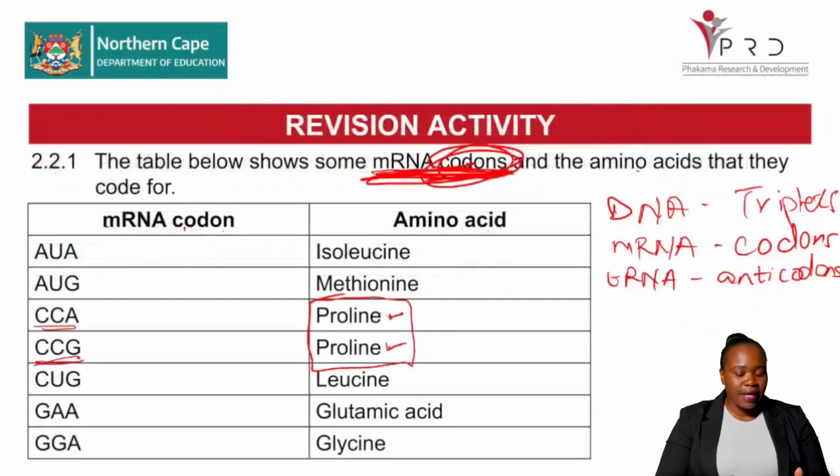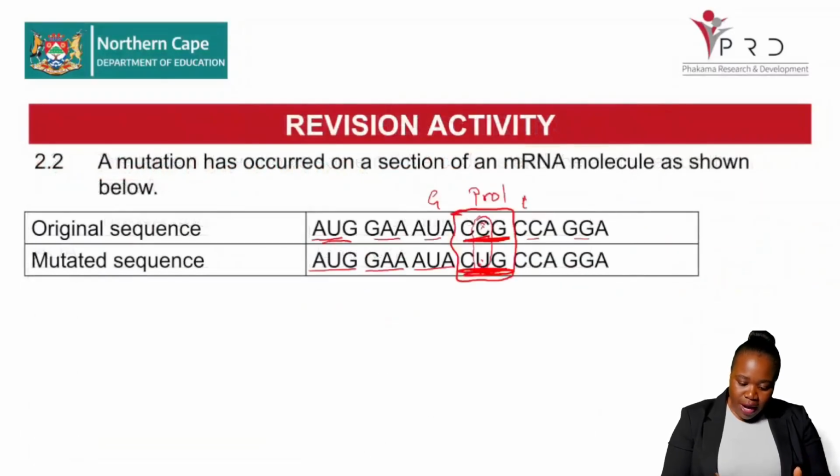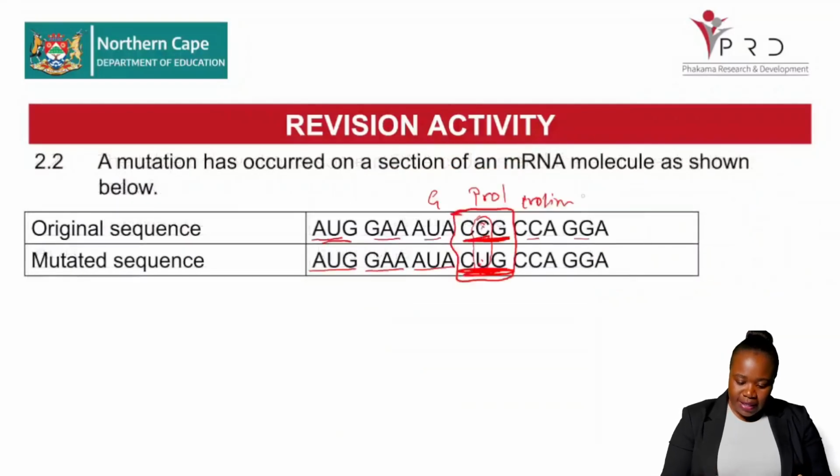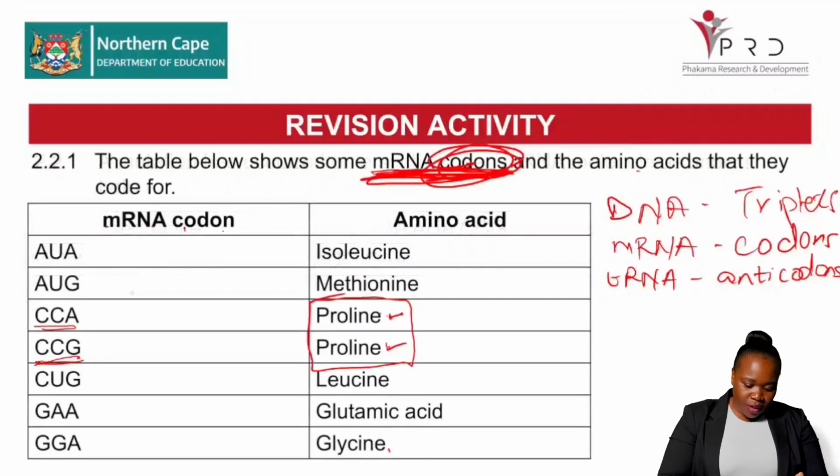CCA gives us proline again, meaning that we have proline twice. GGA, what does GGA give us? GGA gives us glycine. We have not come across glycine. So it means that this is glutamic acid, this is glycine. They are not the same. So what does AUG give us? AUG gives us methionine.